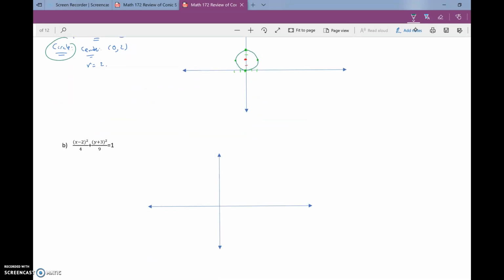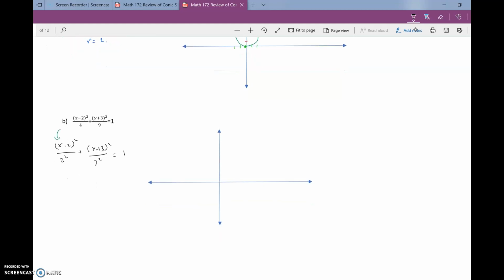Now, the second equation, it's going to be in the following form. So let me rewrite it as x minus 2 squared divided by 2 to the second plus y plus 3 squared divided by 3 squared, and this is equal to 1.